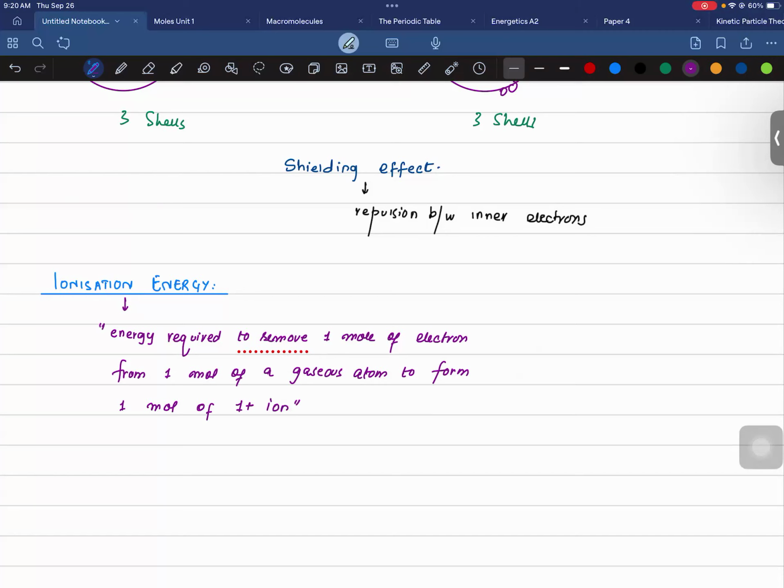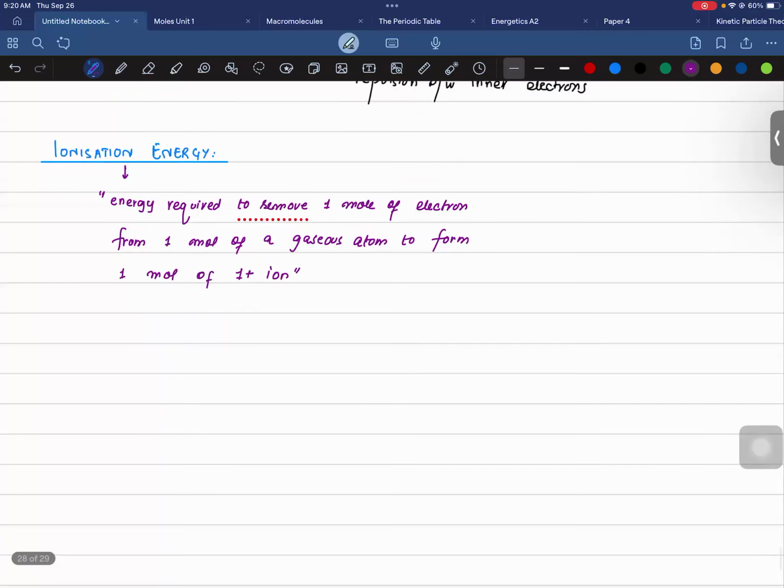Let's suppose we have sodium metal. Sodium is in the solid state, and we cannot remove an electron from the outermost shell of a solid species.